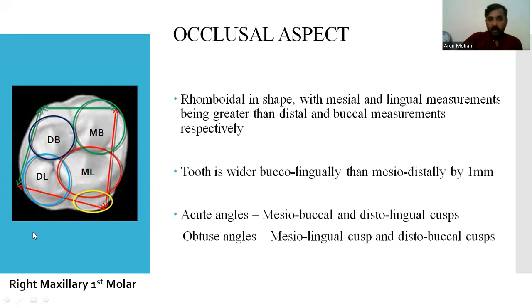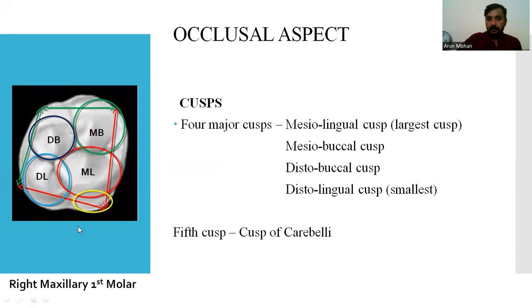Among the four angles, you could see acute angles in the mesiobuccal and distolingual cusps, as well as obtuse angles in the mesiolingual and distobuccal cusps.